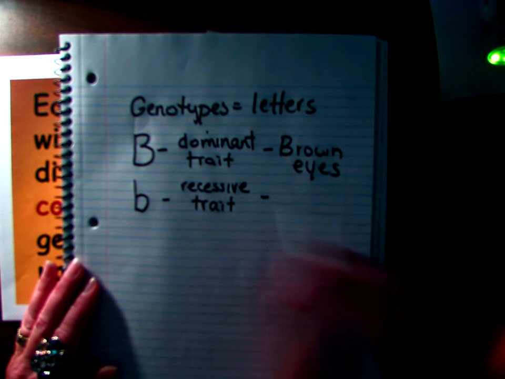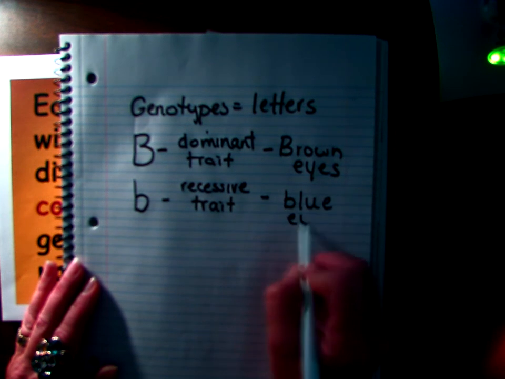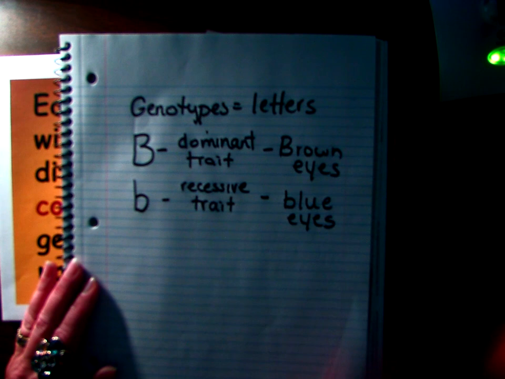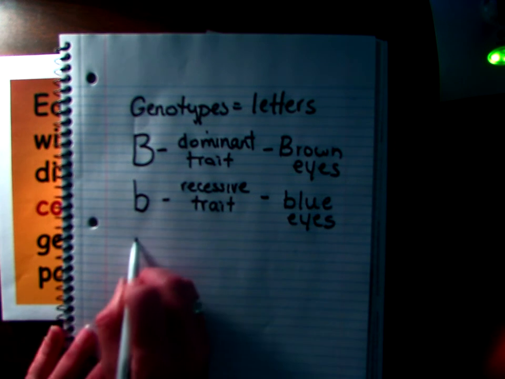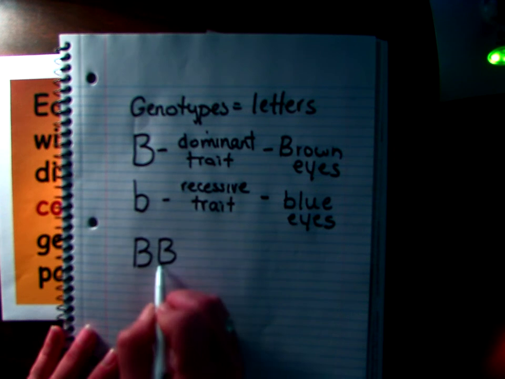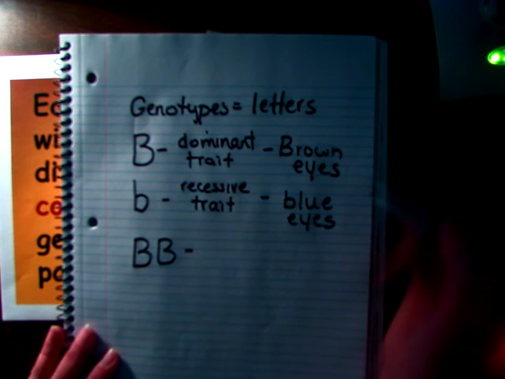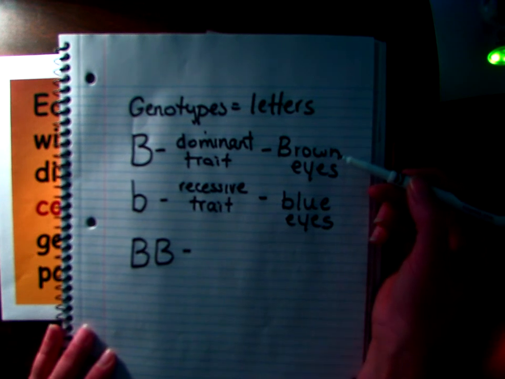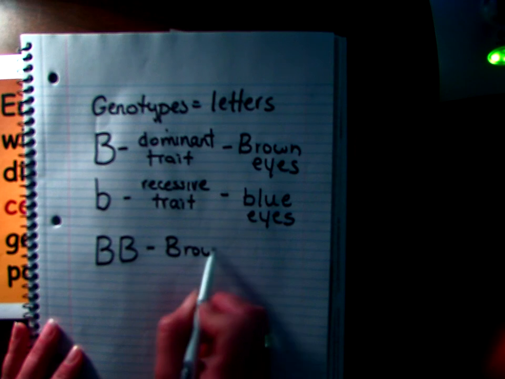This is going to represent, let's say, blue eyes. So if we have one parent that has a big B and a big B in their gene pair, then they have two dominant alleles or genes, and therefore the parent will have brown eyes.